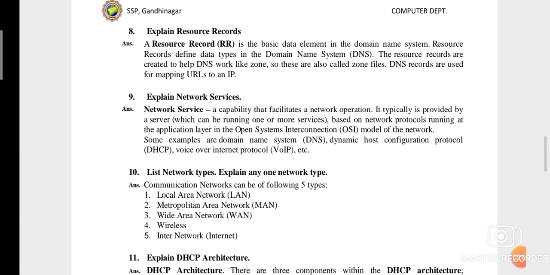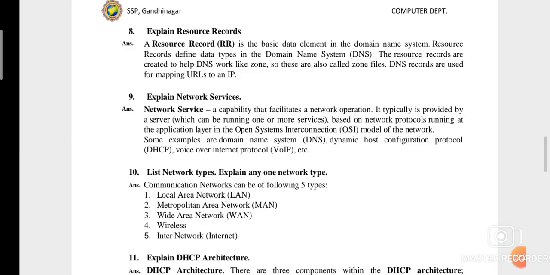So once again, what is network services? It is a capability that facilitates network operation, typically provided by a server running one or more services based on network protocols running at the application layer in the OSI model, the open system interconnection model of the network.